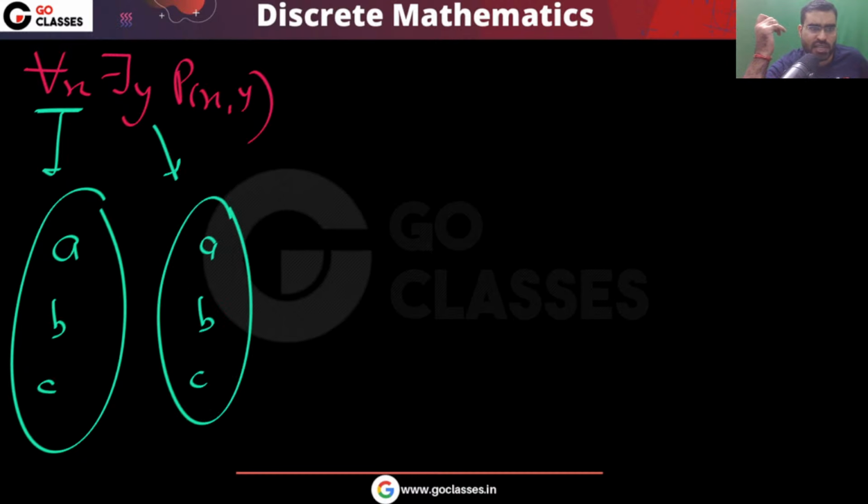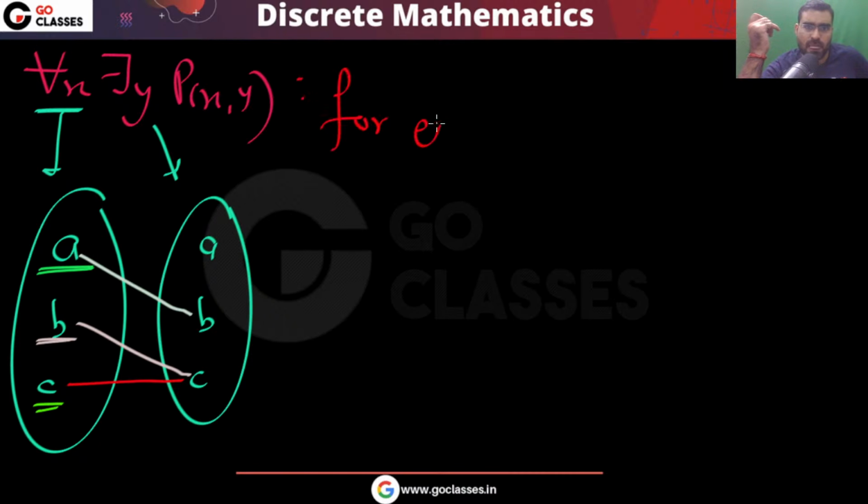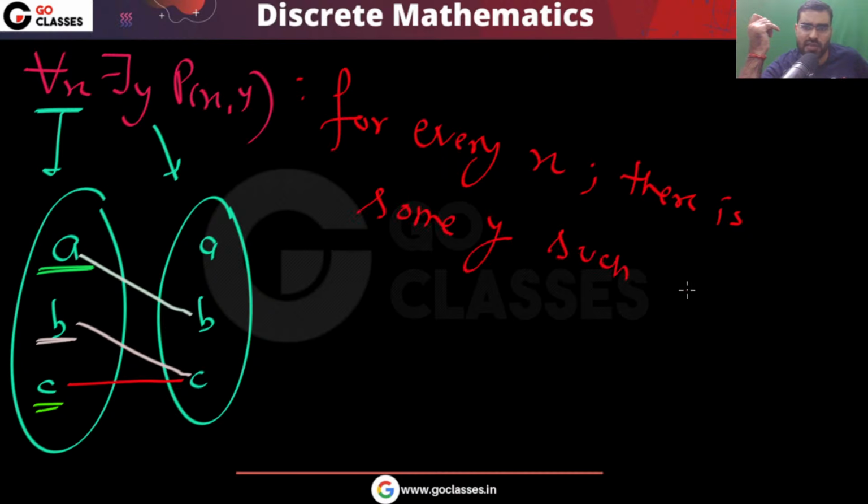For every x there should be someone, some y, such that this P(x, y) is true.